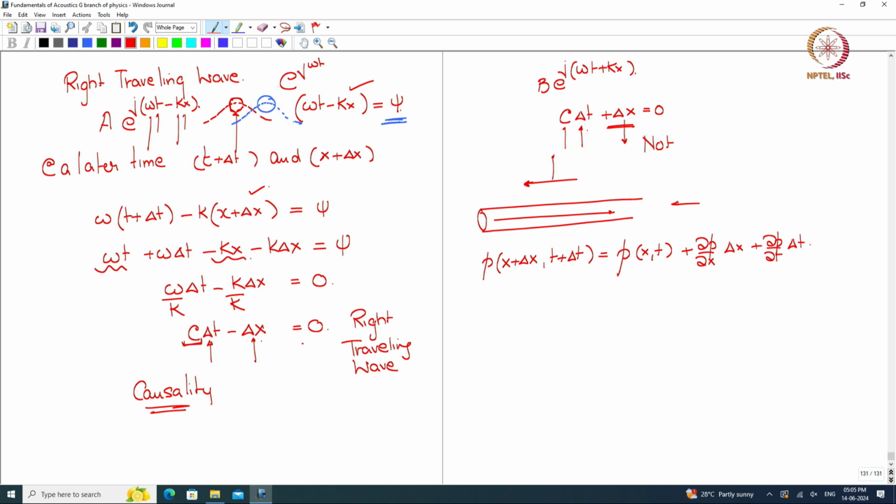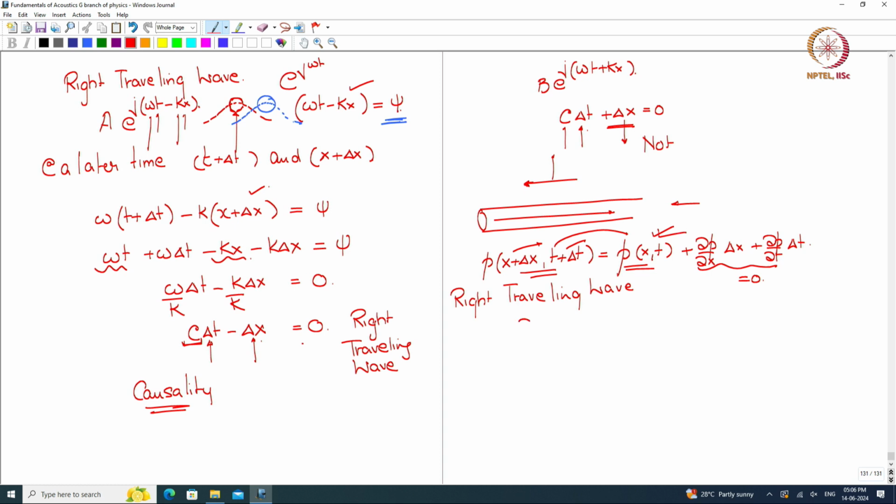Now for a right travelling wave, what do we have? This is equal to that, so we will set this to 0. Why is this equal to that? Because at a later location and a later time I get the same pressure.